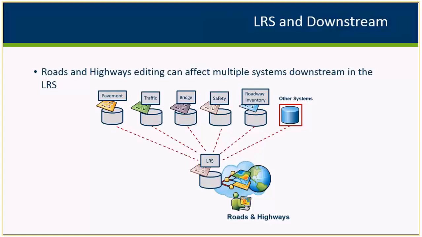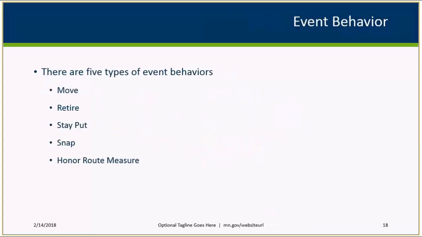In the LRS, events behave a certain way depending on the type of edit made in Roads and Highways. So there are 5 types of event responses to network edits. They are move behavior, retire behavior, stay put, snap, and honor route measures.